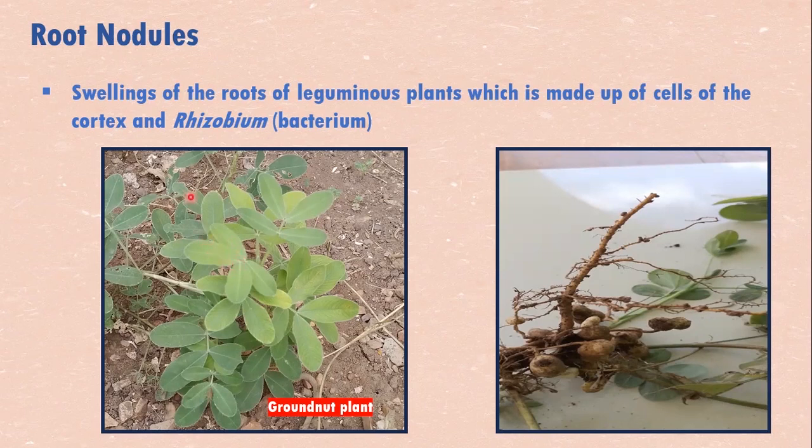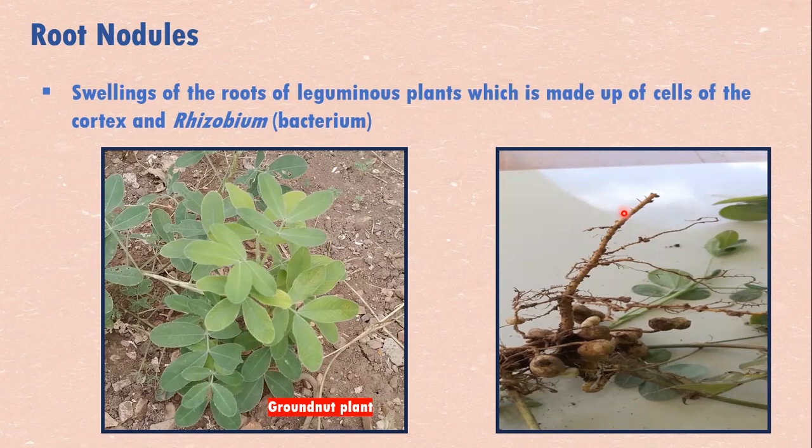Now, the nodule, as the heading goes, root nodules, the nodules are swellings on the roots. So we see this is the roots of this groundnut plant, all right? Look at these roots. These are swellings. This one is a swelling. That's a root nodule. Here's another swelling, root nodule. Here's another swelling. These swellings are actually made up of root cortical cells and bacteria, all right?